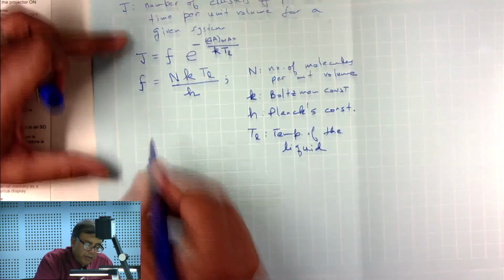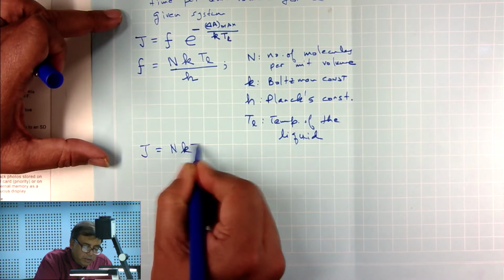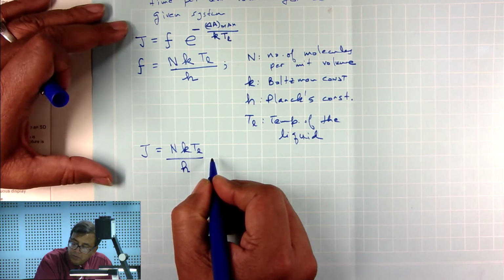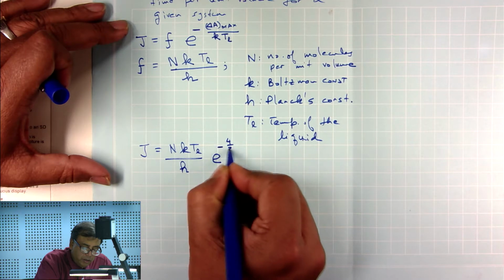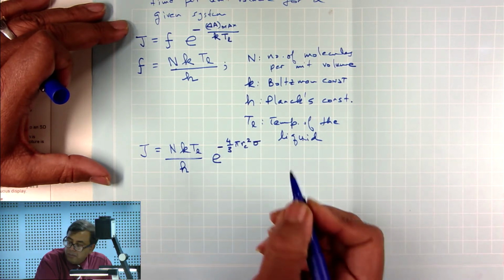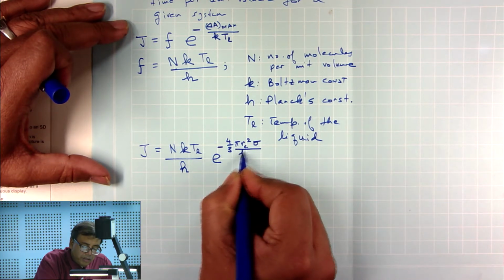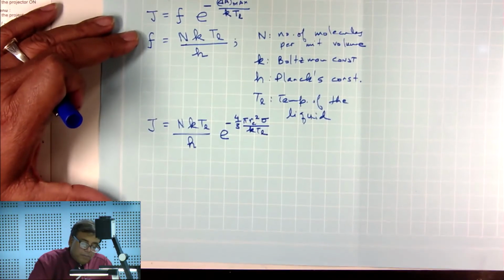Okay. So, then your J becomes equal to n k TL divided by H times e to the power of minus 4/3 pi R C square sigma divided by k T L. Okay.